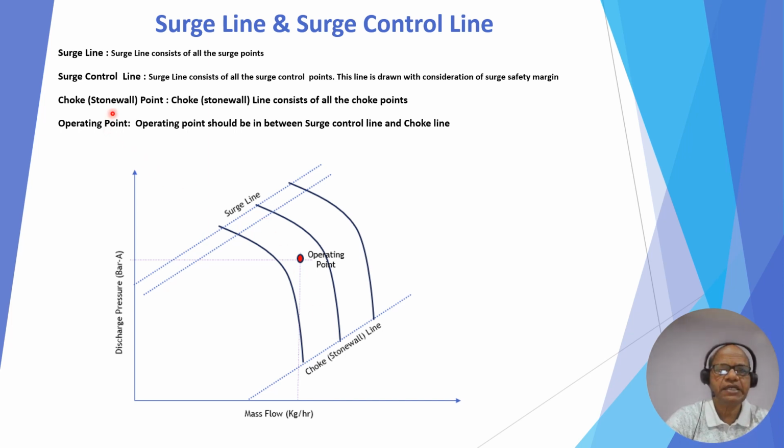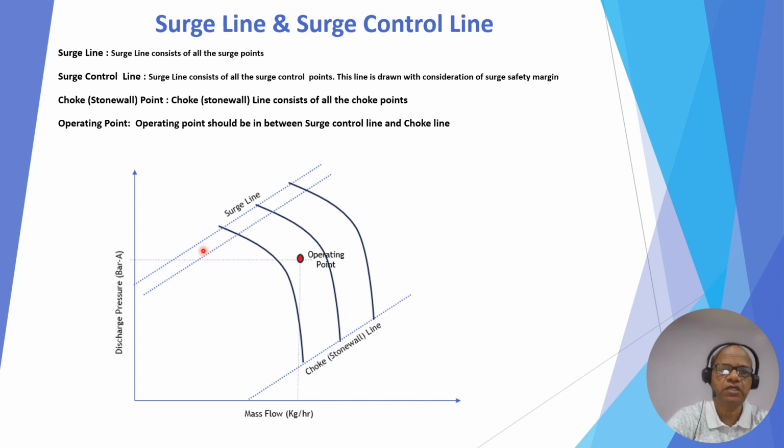Now let's understand a little bit about what the surge line and surge control line are. The x-axis is mass flow rate and the y-axis is discharge pressure. We have different curves, either at different speeds or different IGV positions. Connecting all the surge points is called the surge line. We should have some safety margin from the surge line, a line parallel to the surge line, which is called the surge control line.